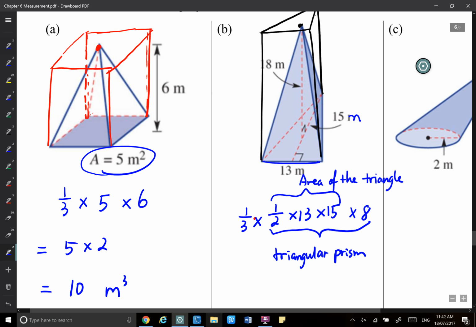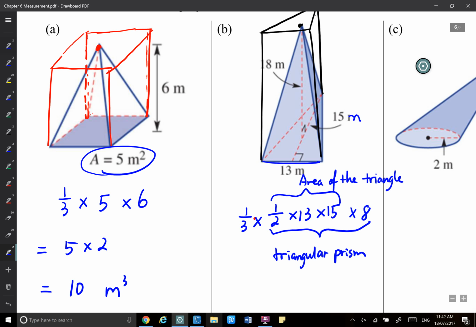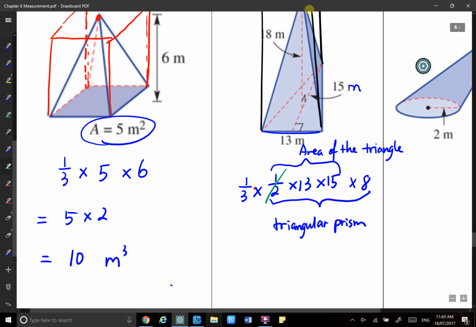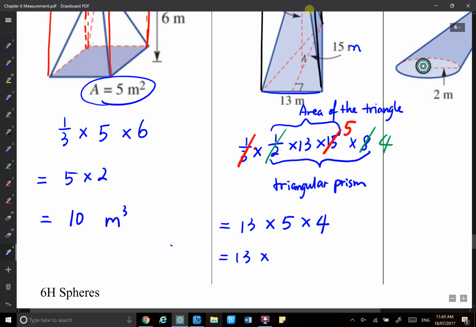So that becomes 4, that becomes 5, that equals 3 times 5 times 4. So 13 times 20, that's 260 meter cube.